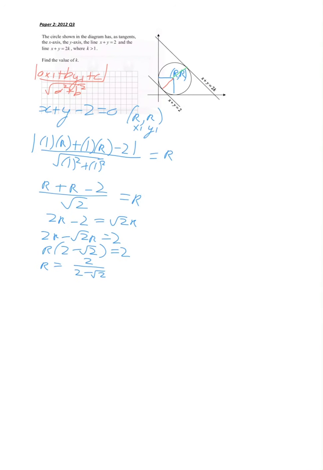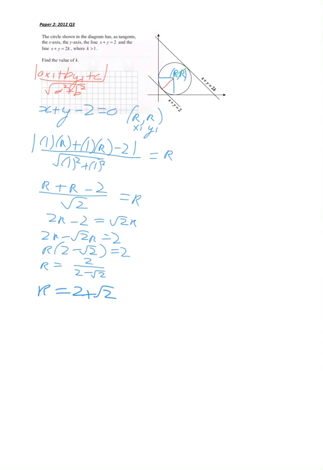You can't have a surd in your denominator. So that gives us r is equal to 2 plus root 2.